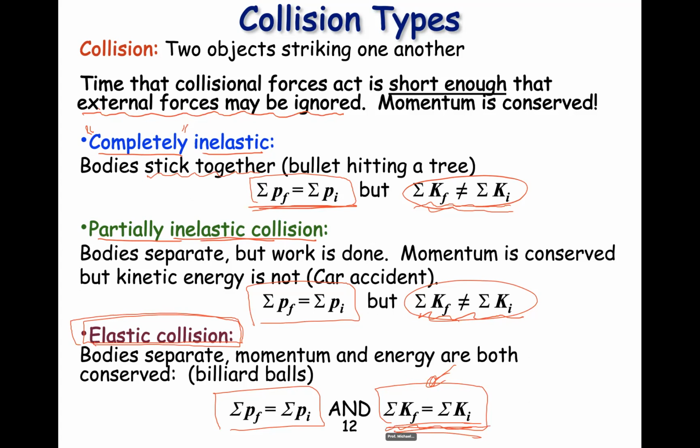You're going to see a cartoon a few slides from now where it shows pool balls striking, but you have to keep in the back of your mind that that's an idealized case. In real life, even billiard balls don't have perfectly elastic collisions. But individual atoms do, or individual molecules, or individual particles, like two electrons striking.